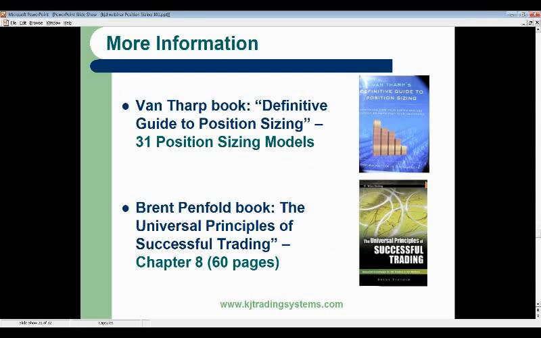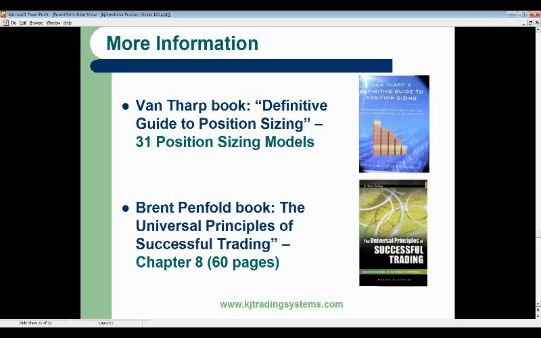So there's a couple good sources for more information. I was looking through books in my library of what was good, and two popped out as probably being the best as far as explanations and examples. One is Van Tharp's book, The Definitive Guide to Position Sizing, and that has 31 different models. So we went over just 5. He has 31, and then there's a lot of little iterations on them and little variations.